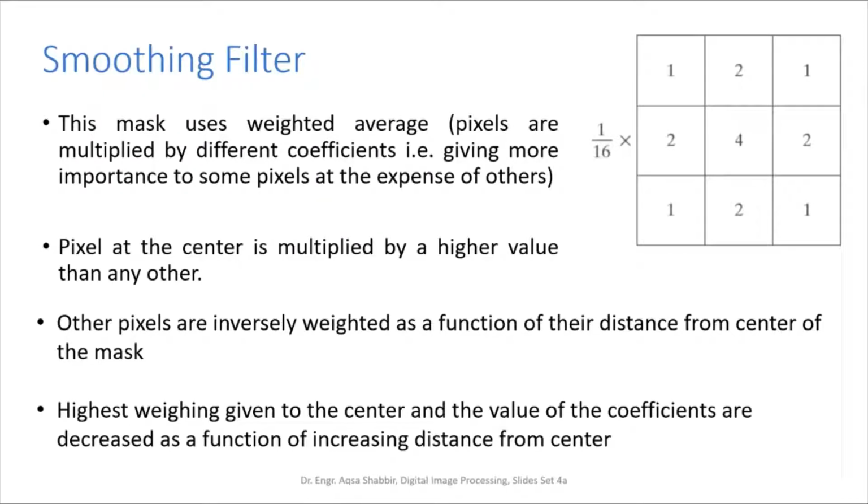The basic strategy behind weighing the center point the highest and then reducing the value of the coefficients as a function of increasing distance from the origin is simply an attempt to reduce blurring in the smoothing process.